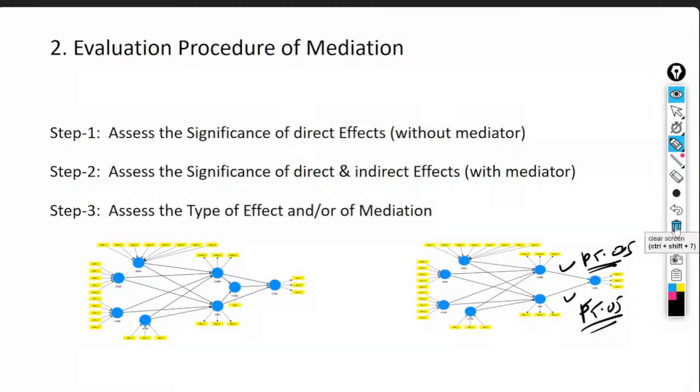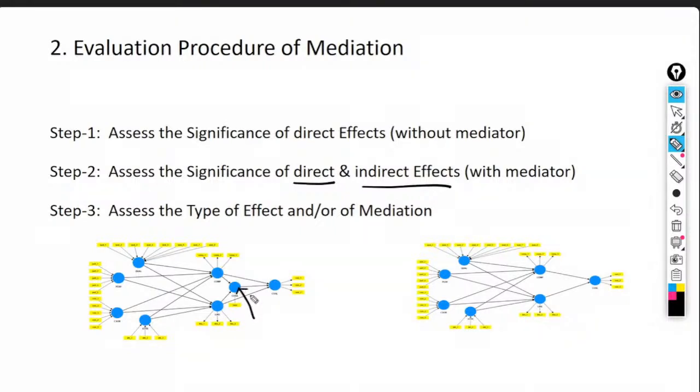But Zhao et al. criticized this logic. Then in the second step, we will include the mediating variable, and then we will find the direct effect and indirect effect. This is the direct effect, and this is our indirect effect.